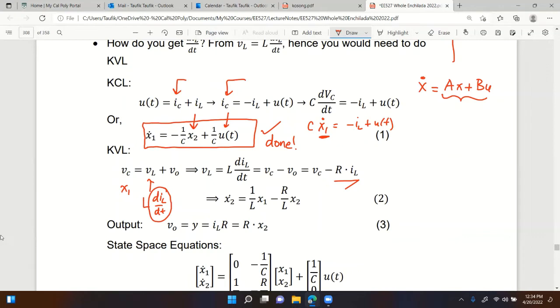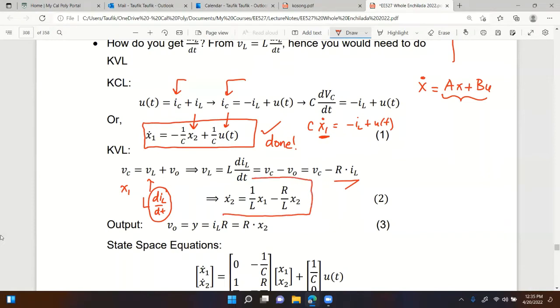L dI_L/dt. Now I bring V_C to the right, and I get V_L equal to V_C minus V_out. And V_C by itself is already x1, and then V_out by itself is R times I_L. So now I can rewrite the equation such as this right here.